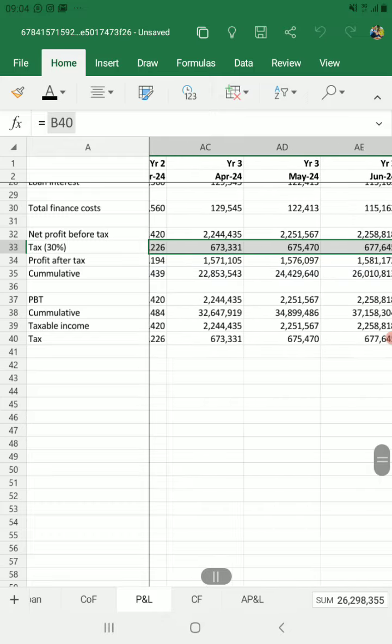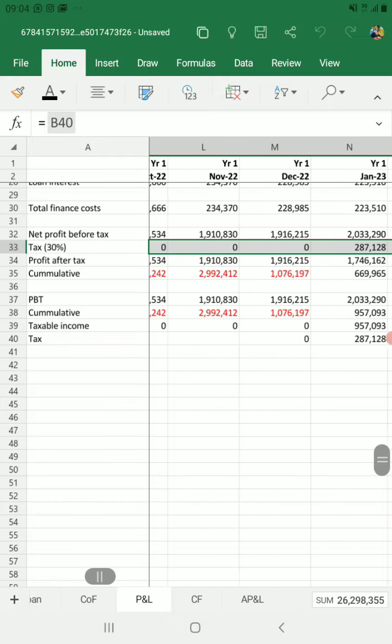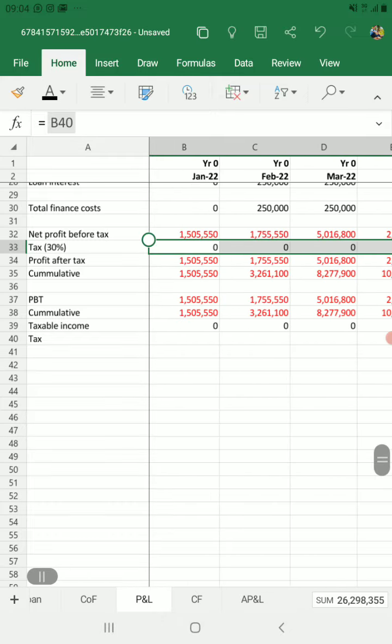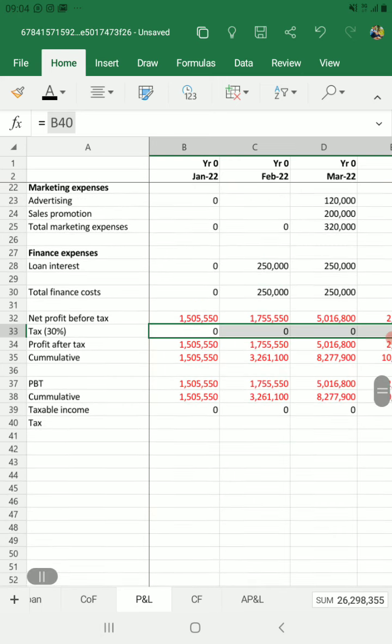In the working sheet, we did adjustment for quantity, to reduce the expected quantity of smartphones to be sold.